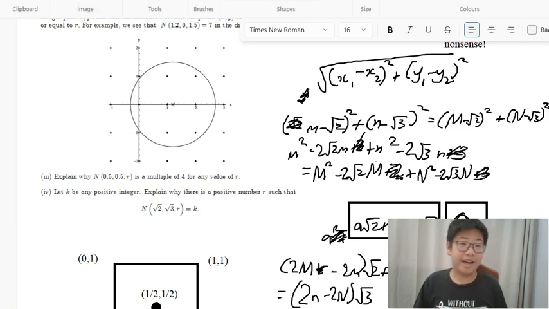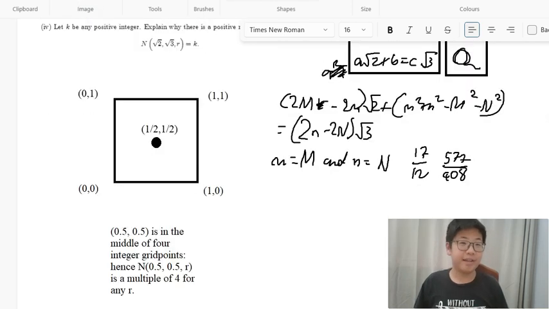Now, here's the catch. Explain why n(root 2, root 3, r) equals k has a solution when k is a positive number. Wanna know why? Prepare yourself for this.